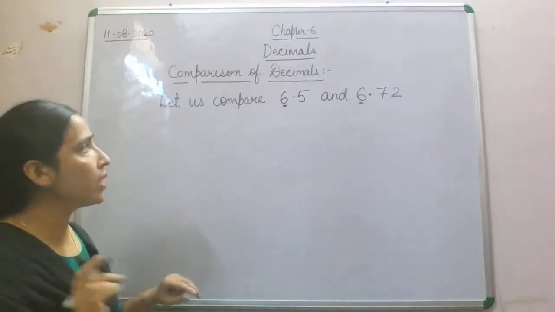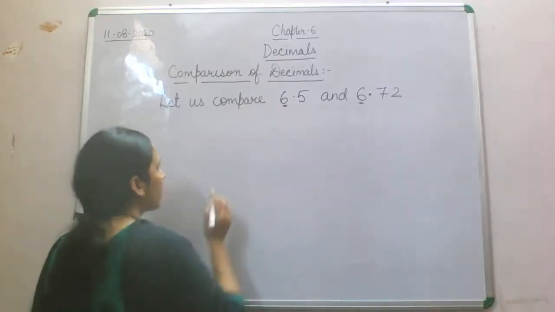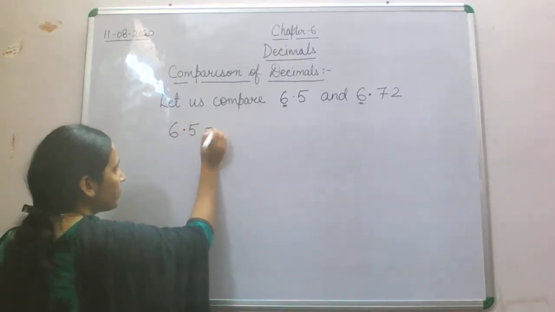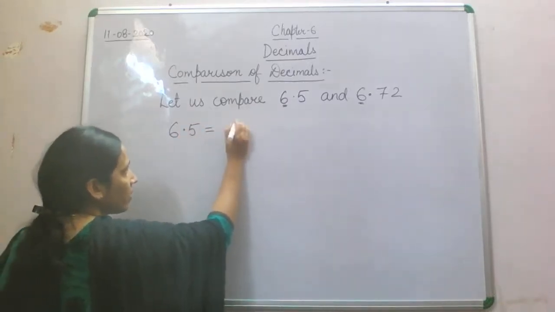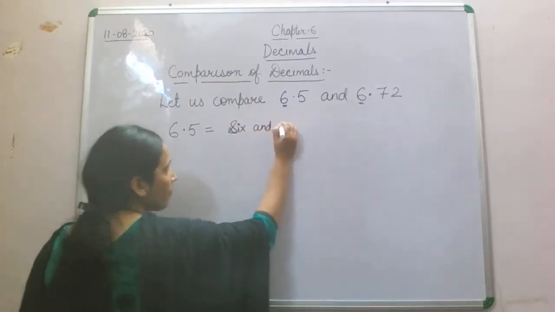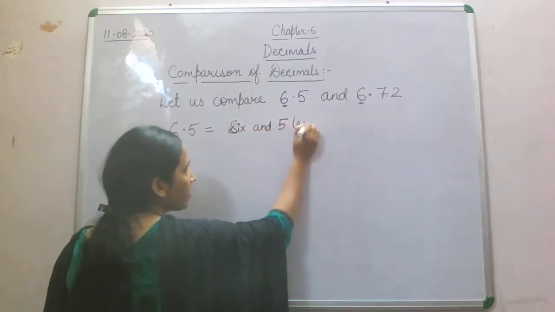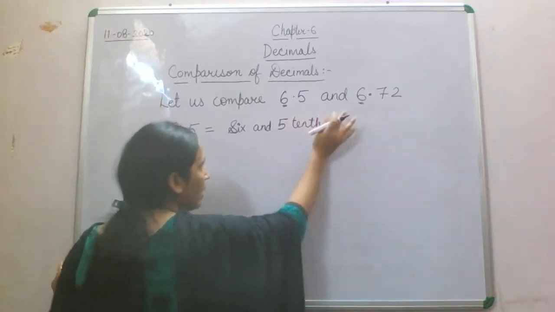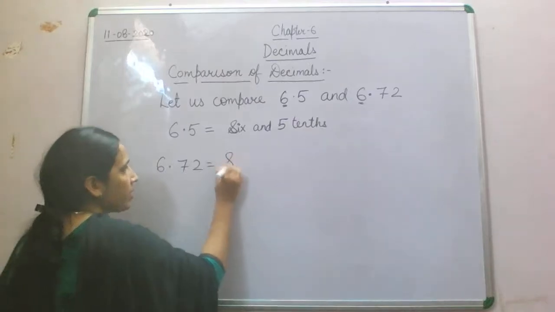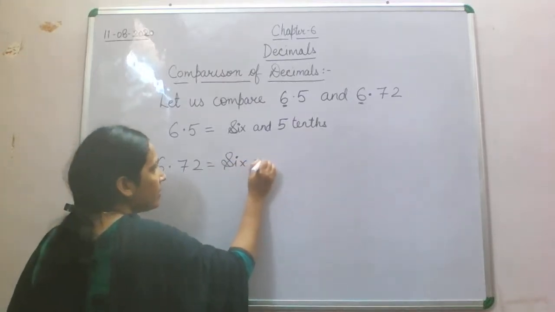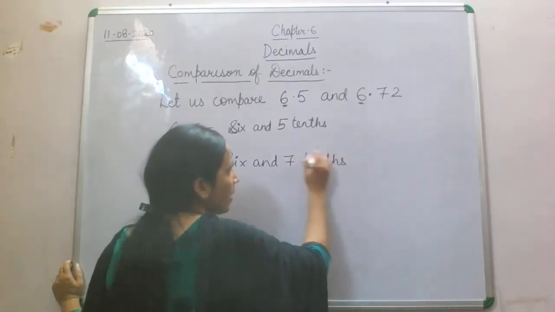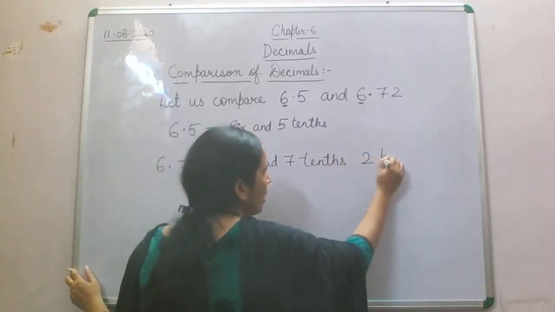We will move to the decimal part. So let's see, 6.5 is what? 6 and 5 tenths. And the other number 6.72 is 6 and 7 tenths and 2 hundredths.